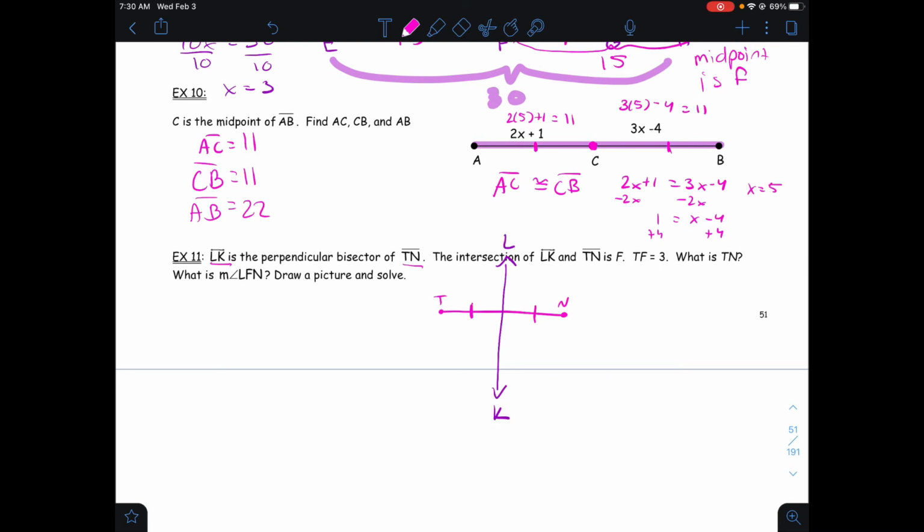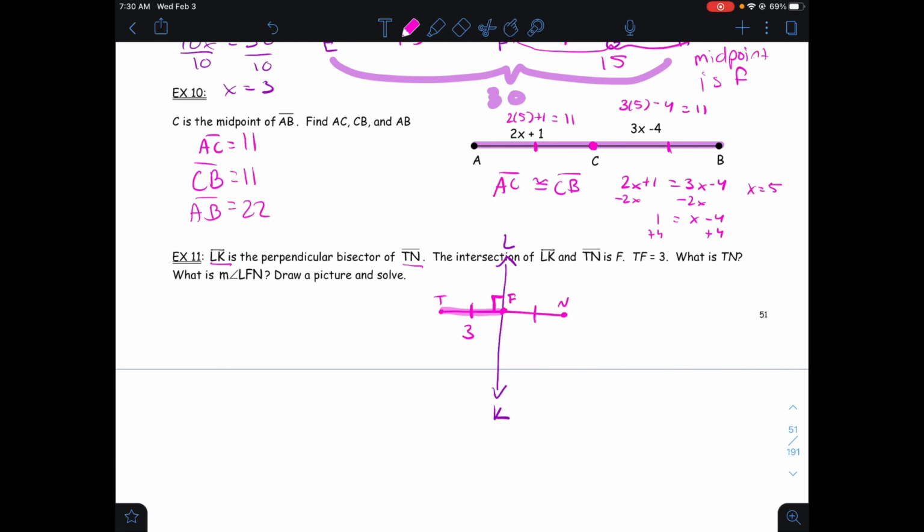And they also tell us that the intersection of LK and TN is F. So we could go and put in a little F here. So they tell us that TF is 3. So this distance here is going to be equal to 3. They want to know what TN is. All right. Oh, and also they told us perpendicular bisector, so I should throw in the right angle there.